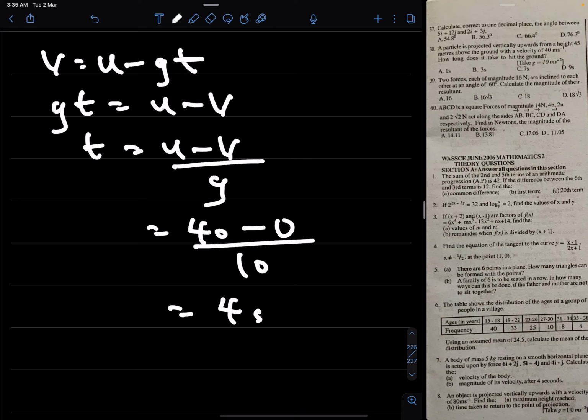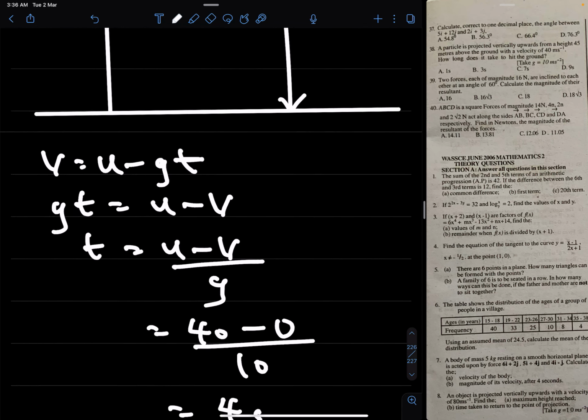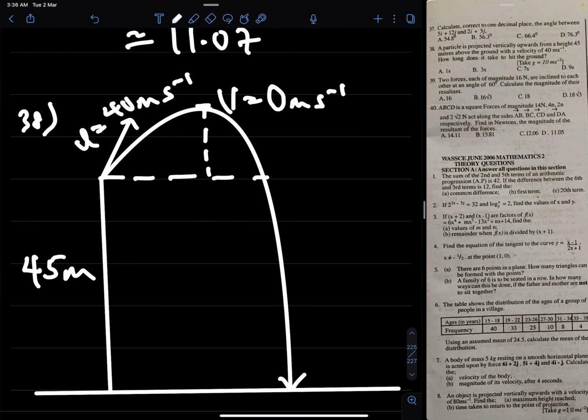And that means T is 4 seconds. So if the time it takes to reach maximum height is 4 seconds, from this place to this place took 4 seconds. Then from this place to the projection plane again will take another 4 seconds.